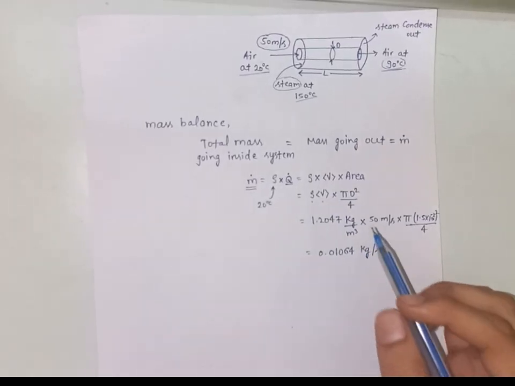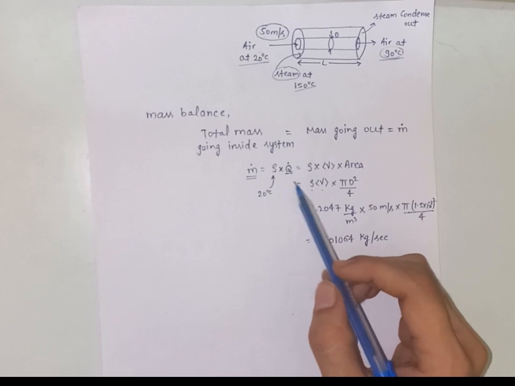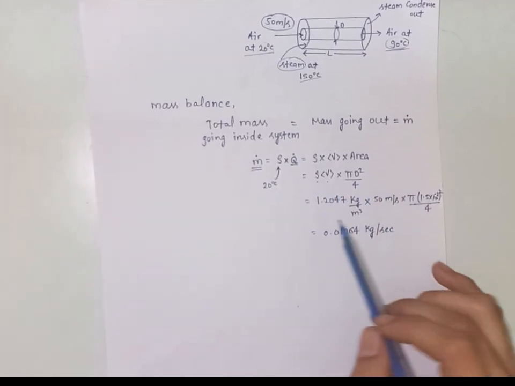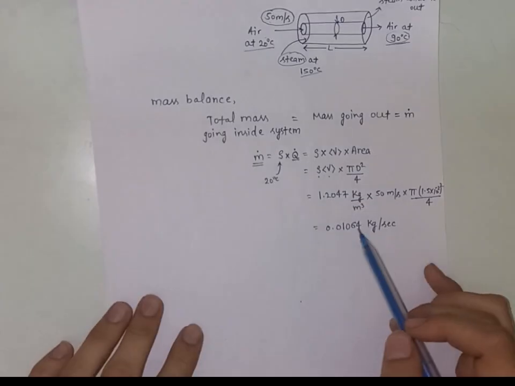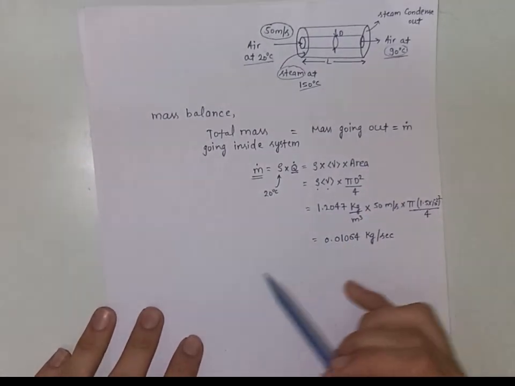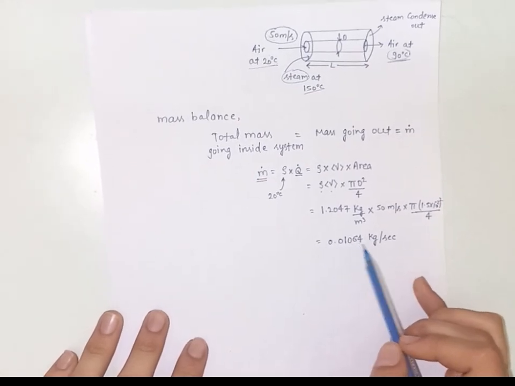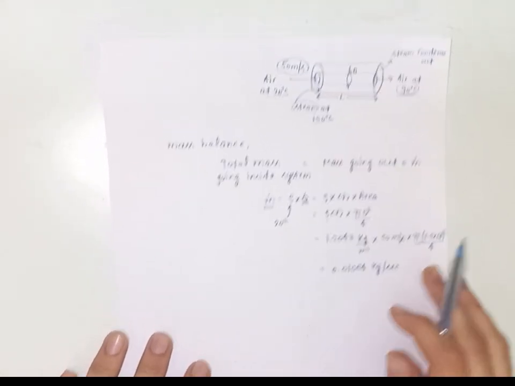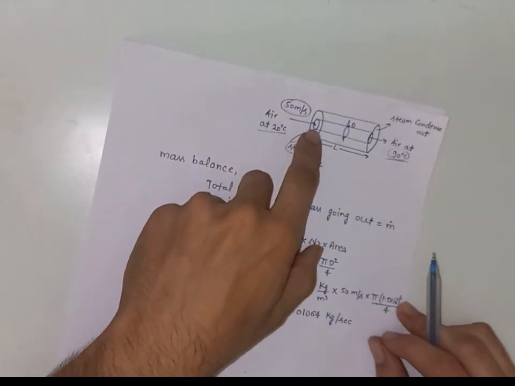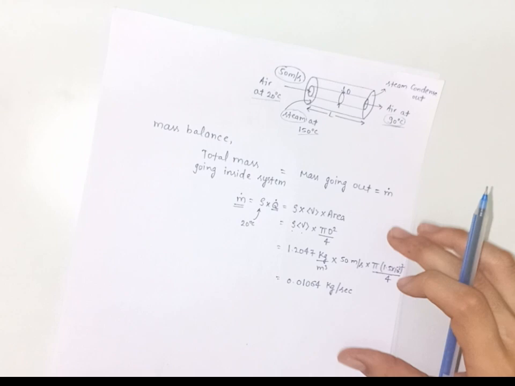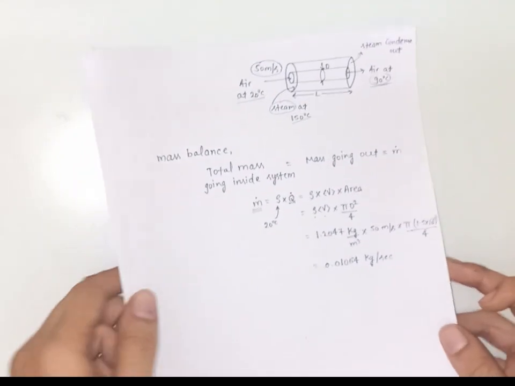We have substituted all the values of density, characteristic velocity and the diameter of the pipe, and we have found the mass flow rate of air inside the system, that is 0.01064 kg per second. So this is the mass flow rate going inside the cylinder and going out of the cylinder, and this is the mass flow rate that we are going to use in the further calculation.